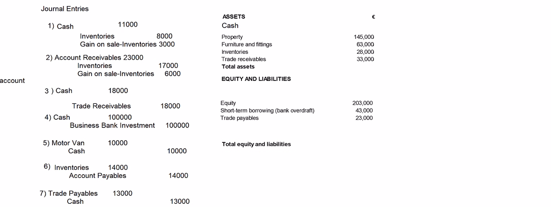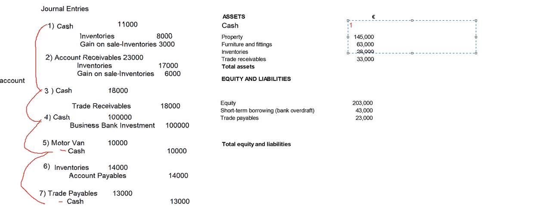So we will sum this number in here. We sum cash 11,000, 18,000, 100,000. Later we need to minus the cash in here because we bought the motor van. And we minus the cash in here because we need to pay trade payables. And you got about 106,000.